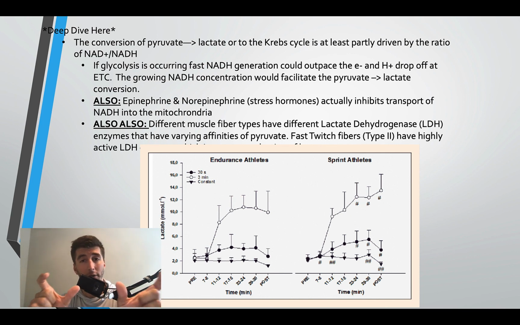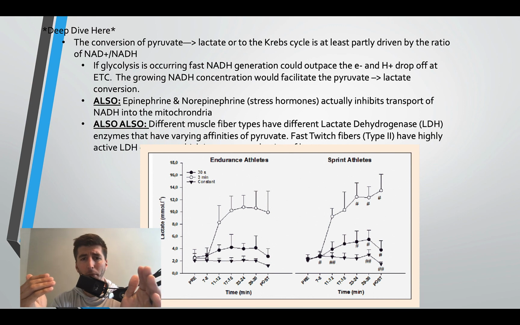So stress hormones start moving our body towards faster ATP production. Think getting away from the tiger or fighting the tiger. You got to make energy, and you got to make it fast, and you need that energy right now. If you're trying to throw an overhand right or hit a 1-2 on a tiger, you got to be able to generate that energy fast. And so our body's actually trying to tell us, hey, don't go this way, go this way, make the lactate and produce the ATP fast.